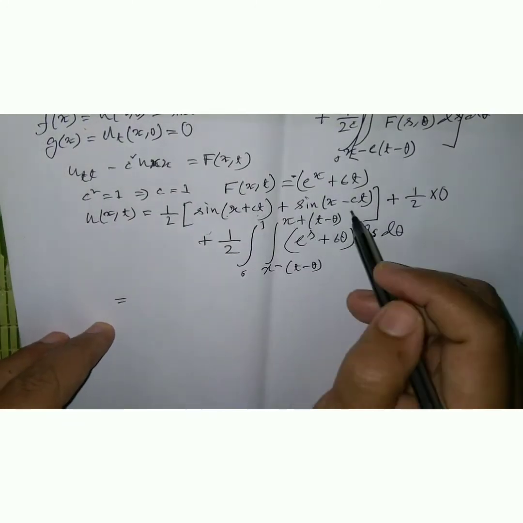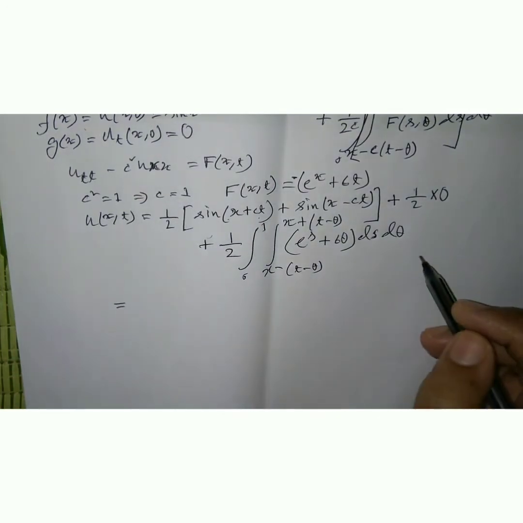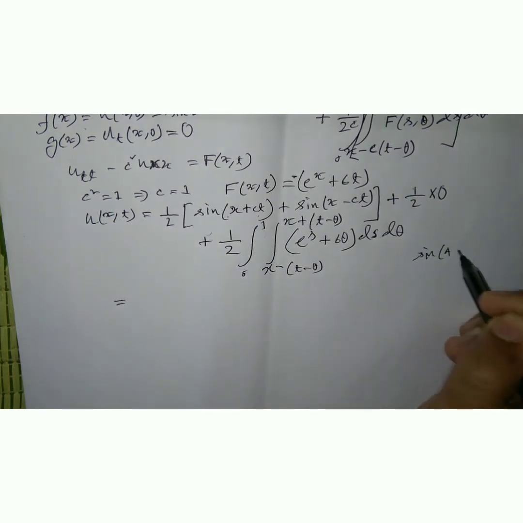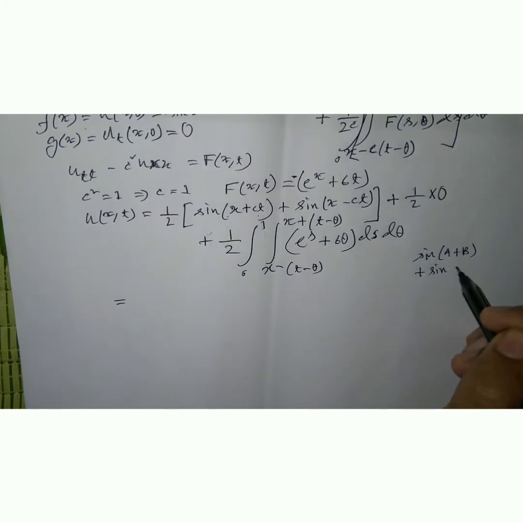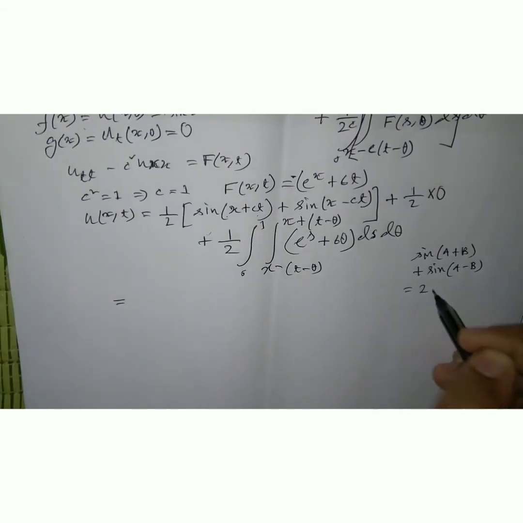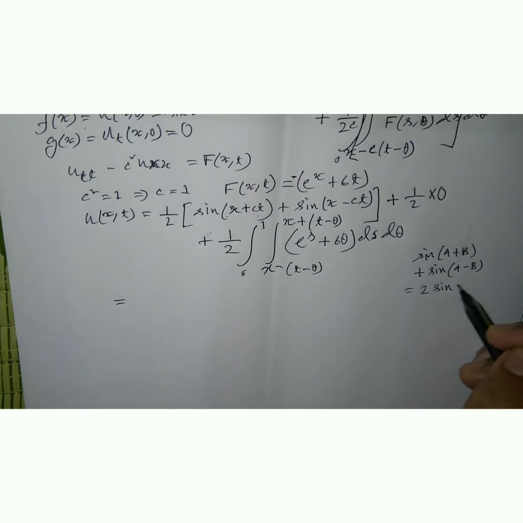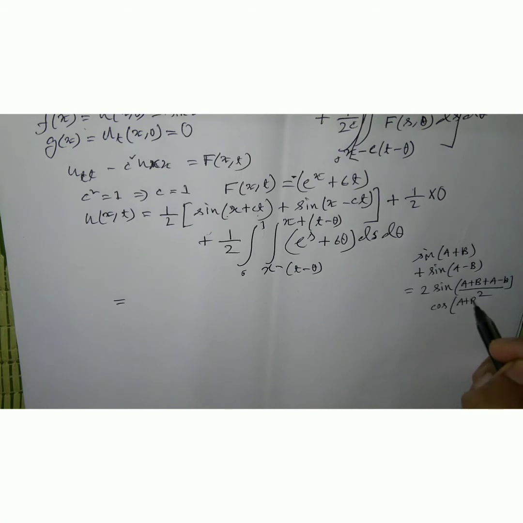sin(a+b) plus sin(a-b). So friends, this formula is very simple: 2 into sin((a+b)+(a-b))/2 into cos((a+b)-(a-b))/2.